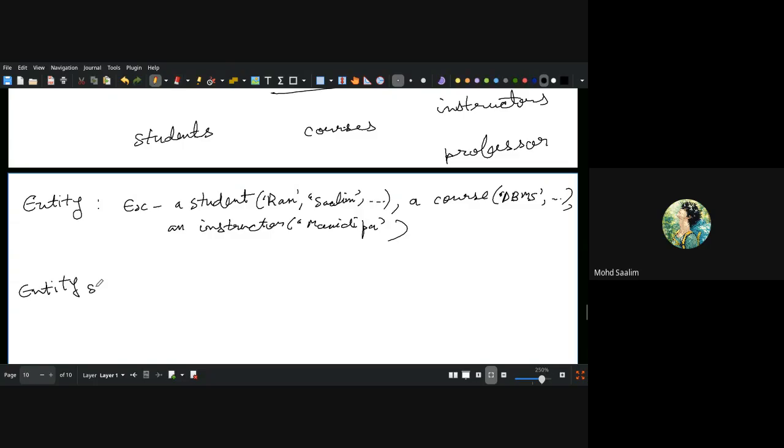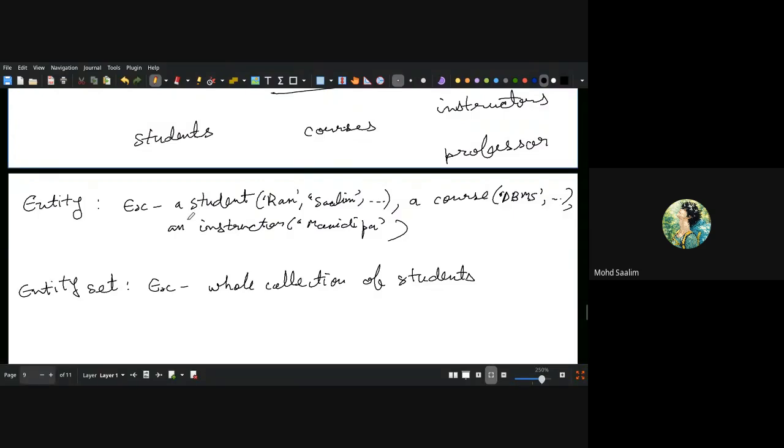Then comes entity set. What is a set of these entities? It is very simple. Just like we said that a single student is an entity, I will just say the whole collection of students is an entity set. An entity has a definition, a schema, just like I said, an ID, a name, and these types of things.